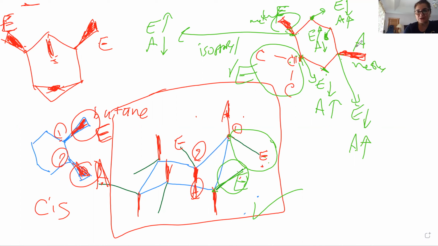What else you can see from this structure is that if you have carbon 1, 2, carbon 3, carbon 4, and carbon 5, what is the 1,3-diaxial, trans or cis? 1,3-diaxial means you have two groups on the axial position.